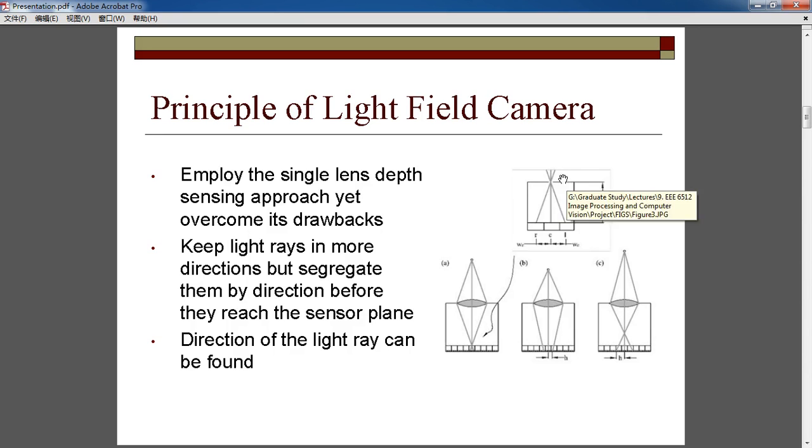The figure on the right-hand side shows a 1D example. Right above the sensor plane, there is an array of pinhole cameras. These cameras are so tiny that usually each camera only covers an array of several pixels. In this example, there are only 3 pixels inside each tiny camera. The 3 pixels are denoted as R, C, L respectively.